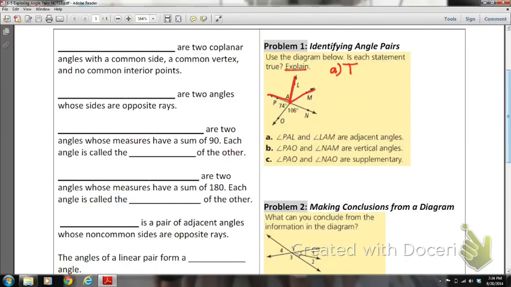That is a true statement. You have to explain why. It's true because they have a common side, a common vertex, which is A, and they have no common interior points.